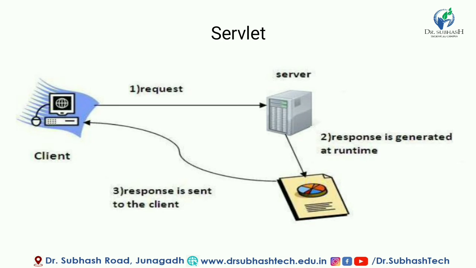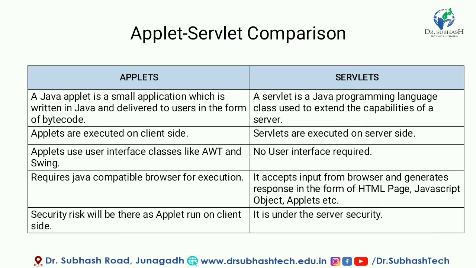So now let us see, there is a difference between applets and servlets, right? We have seen that applets are Java code which are used to create desktop applications or which are embedded into a web page, whereas servlets are Java code which are used to extend the capabilities of server. Let us see some other points.